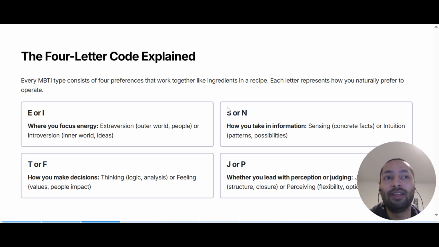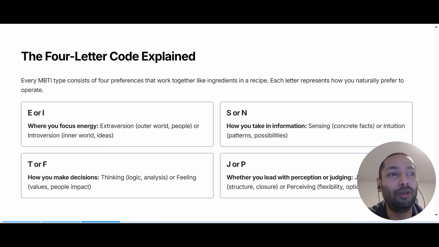So if you're someone like me, that's a concrete type, which is ESFP, I'm going to view reality in a different way to an intuitive, like an ENTP that has the N in their second letter. So S is more aware about what concrete actions you can take, how much you can do in a day, and you're not really aware about the future.